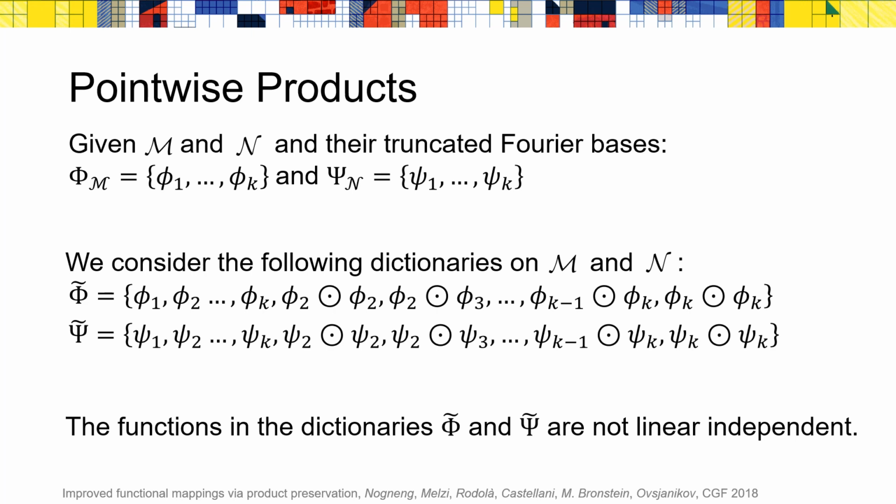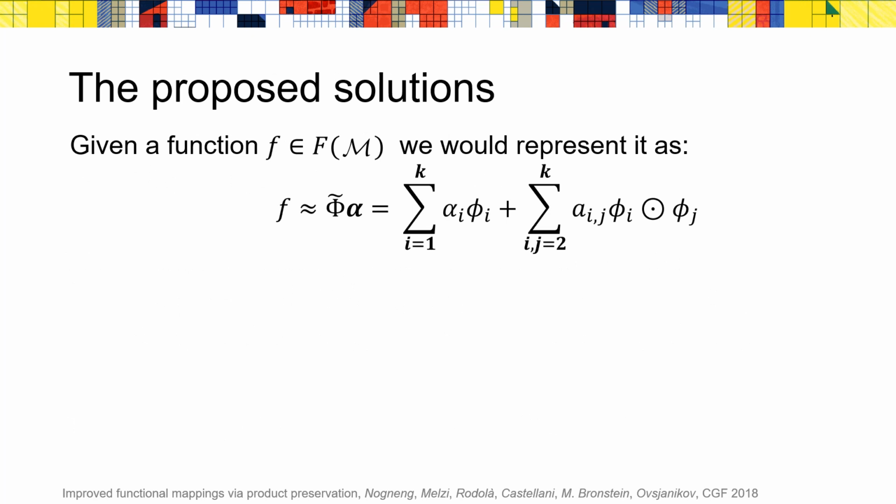The main problem is that the functions in this dictionary are not linearly independent. So when we want to represent a function on a shape using both the Fourier basis and their pointwise product, so the dictionary phi tilde, we want to find a set of coefficients such that the function f can be approximated as a linear combination of the Fourier basis plus the pointwise product using these coefficients.